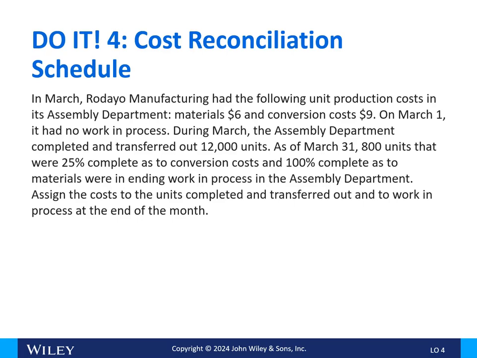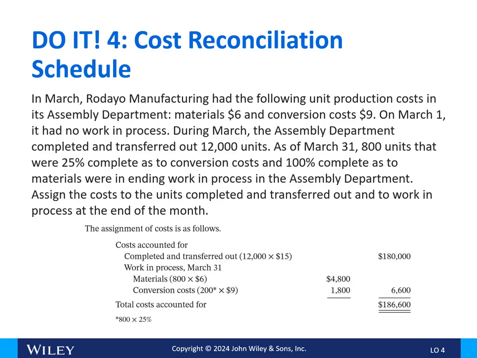And then the work in process, we're going to use for materials the $6 times the 800 units times the percent complete, 100% for materials. For conversion cost, the $9 per unit times the 800 units times the percent complete to get conversion costs. So we have $186,600 total cost accounted for.